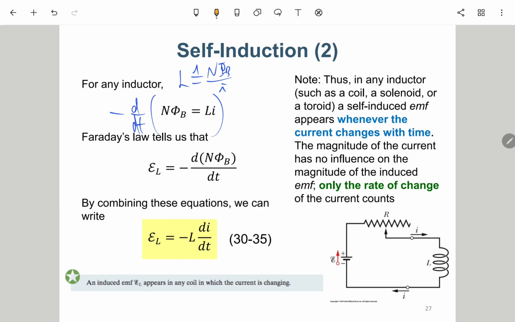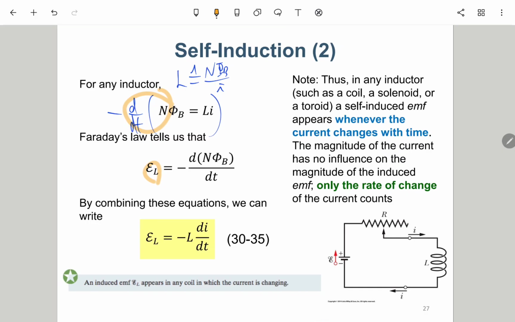According to Faraday's law, the left side is the induced EMF, and for the right side, negative d dt of Li. L does not change with time, so L is a constant, so negative L di dt.